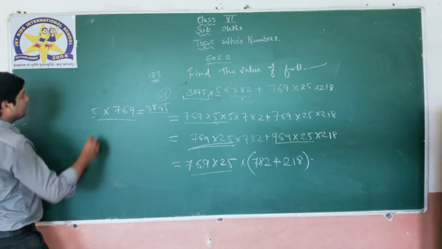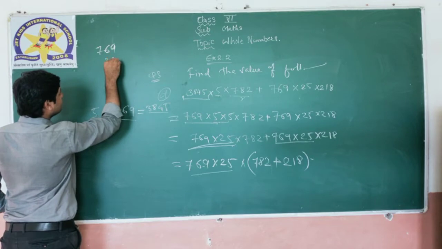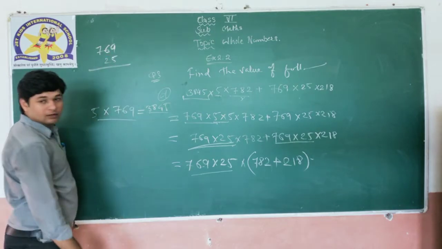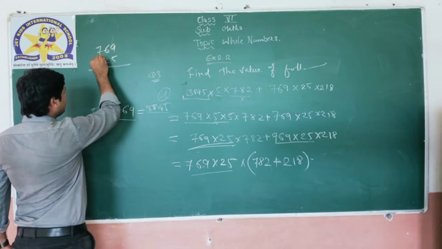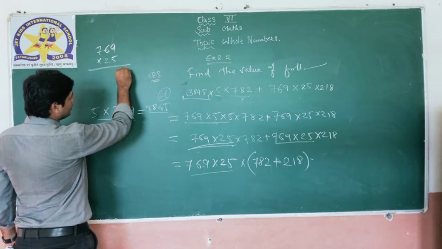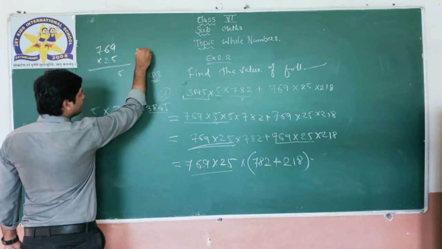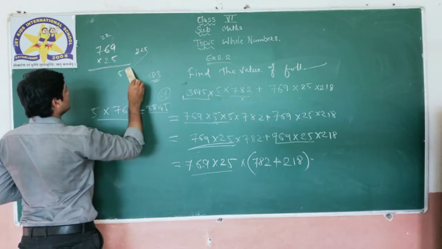Now, what is the multiplication of this? So I am just multiplying it over here. 769 times 25. Clear? So 25 multiplied by 9, how much? It will be 225, right? So 5 here and 22 carries, right?